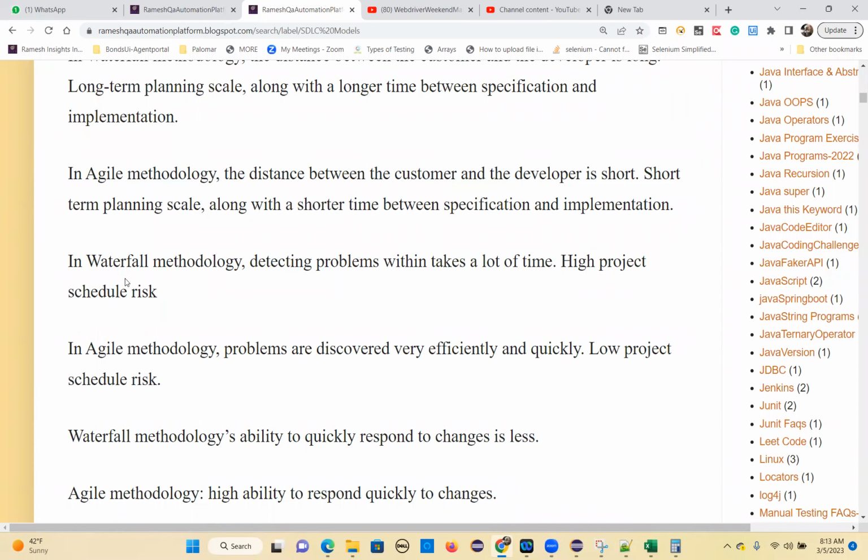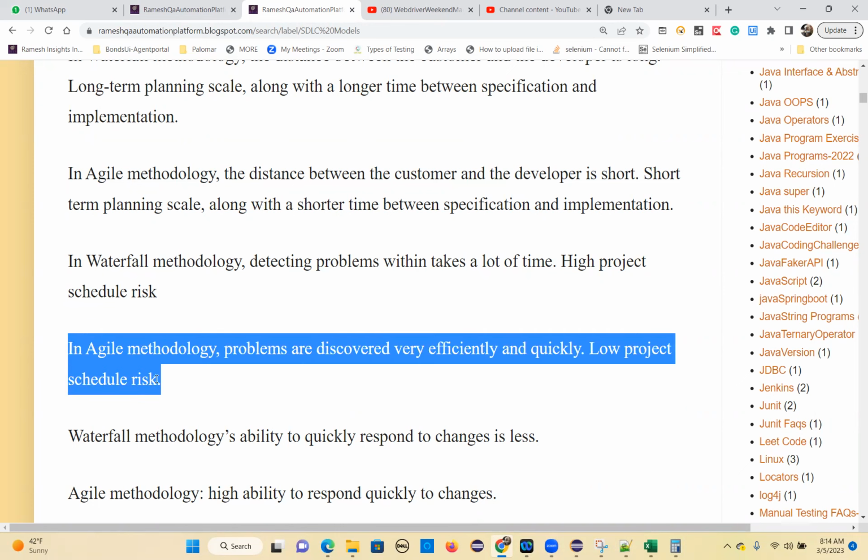That's a problem. But Agile methodology is not like that. You participate in the requirement itself, you know what is happening, and for each requirement you get a better idea of how to test. There is low project schedule risk, because every day they monitor everybody's work in the meeting.